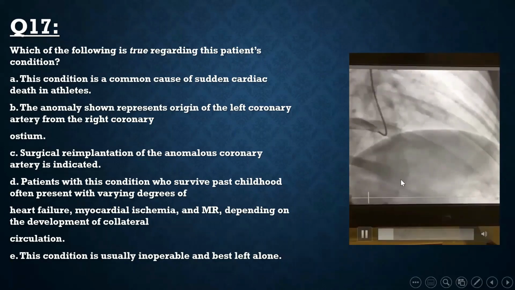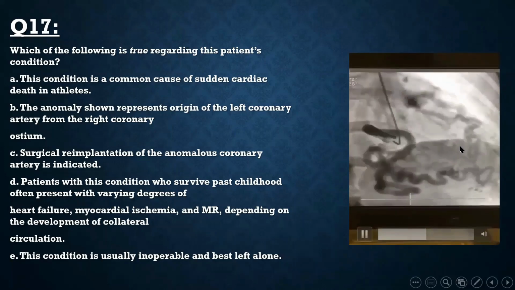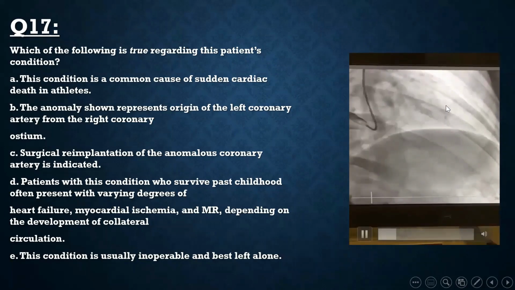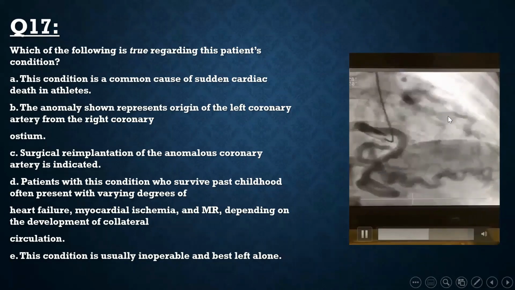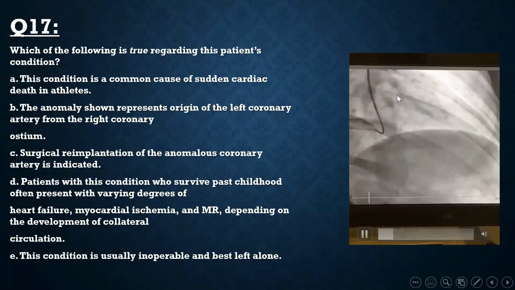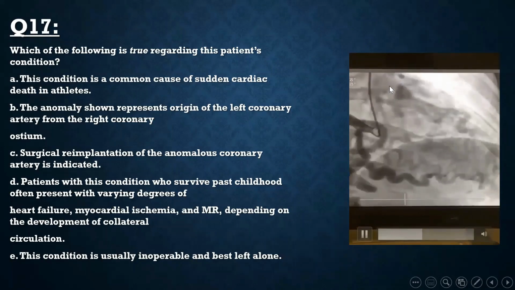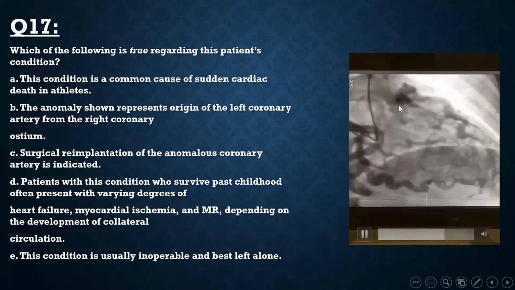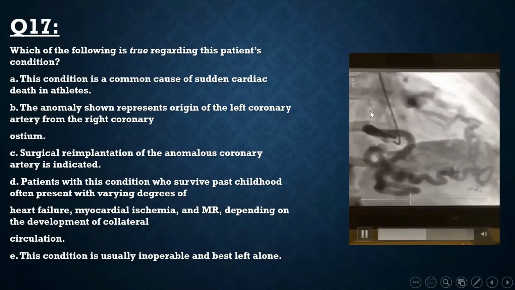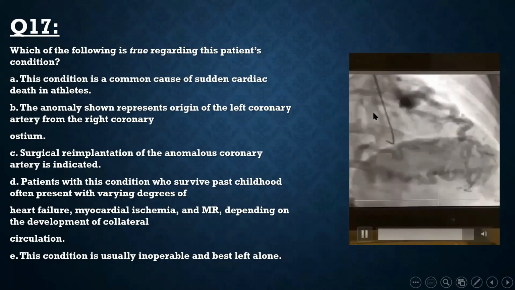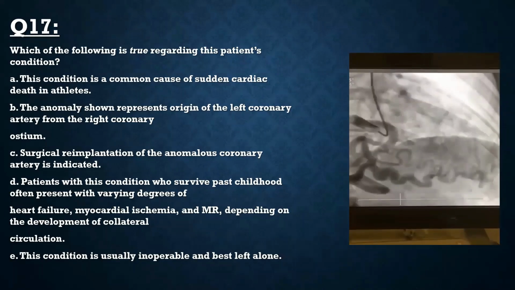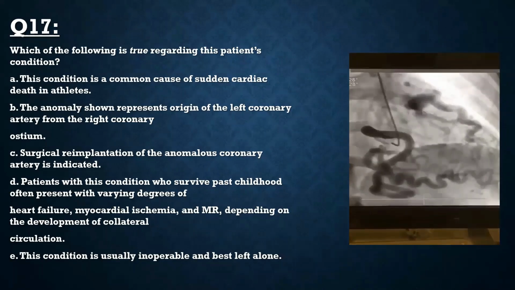The dye goes through these anastomoses to the left side, and because the pressure is high inside the left system, it goes toward the low circulation pressure, which is the pulmonary artery, as you see here. So as you mentioned, this is ALCAPA, anomaly of the left coronary artery from the pulmonary artery, which is rare.